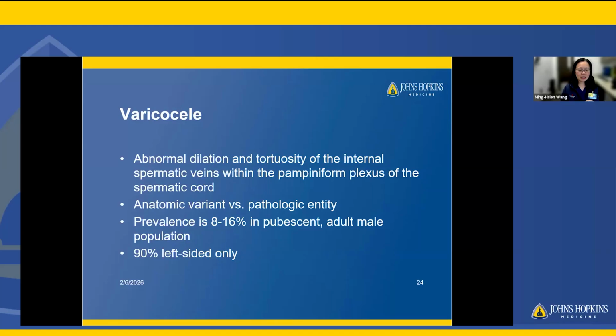And again, this tends to happen a lot more during those teenage years because everything is growing, tons of blood going down into that area. And most commonly, they happen on the left side. It's because of the way our veins travel from the testicle back into your IVC.